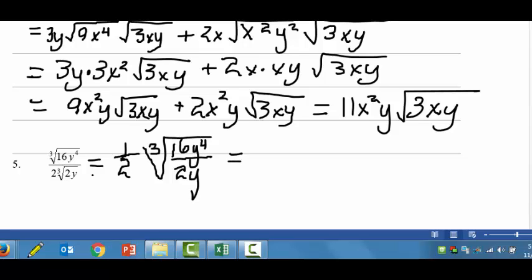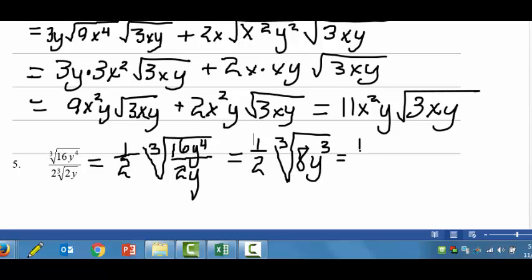And notice how that 2 in the denominator is the same as 1/2 times this cube root that I've written in my first step. So I've got 1/2 times the cube root of, and when I do the division, 16 divided by 2 is 8. y to the 4th divided by y is y cubed.